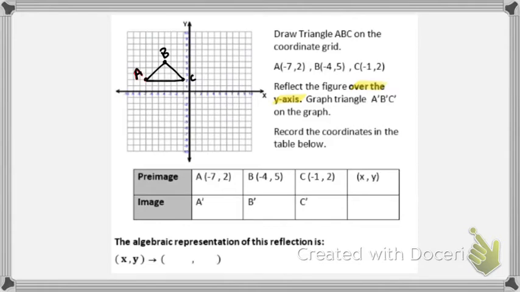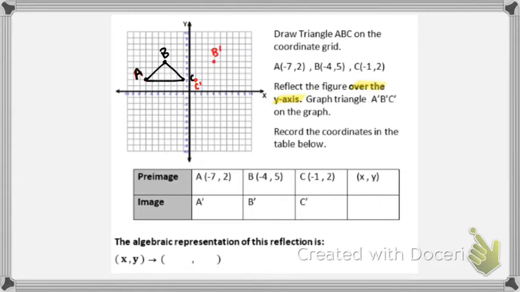And so what I'm going to do, this is the y-axis over here. Right here. Right? And so I'm basically reflecting all the points from the y-axis. So my C will be here, my C prime. My B prime will be right here.